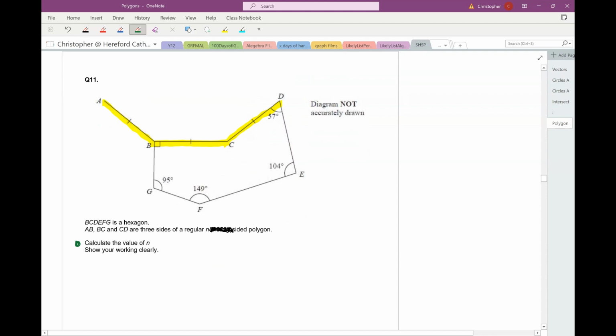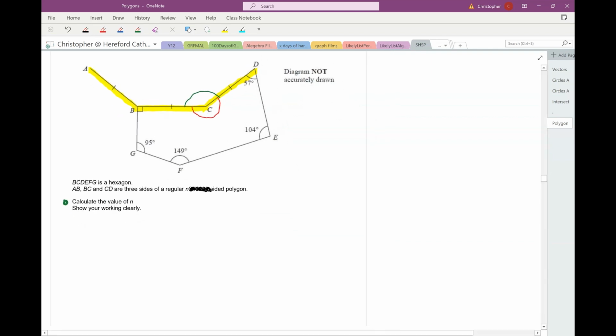If only I could find the interior or the exterior angle of that polygon. There's quite a tempting interior angle of my mystery polygon there, isn't there? So I'm wondering if I couldn't find this red angle, because that would enable me to find the green angle. How can I find the red angle?